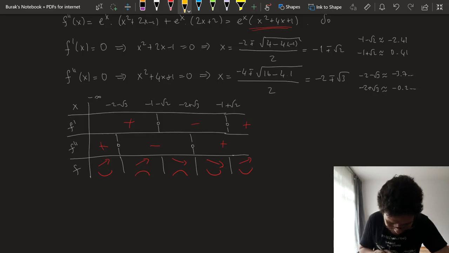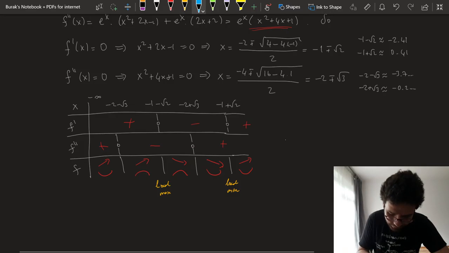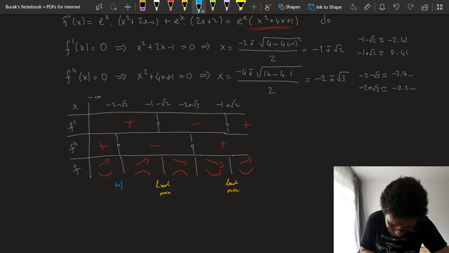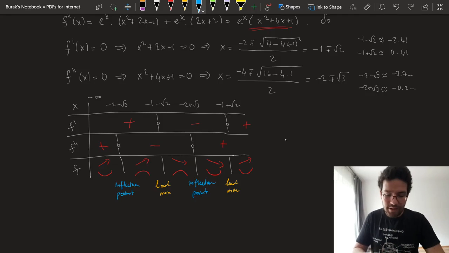So I have a local maximum at minus 1 minus root 2 by the first derivative test, and I have a local minimum at minus 1 plus root 2 by the first derivative test, and I have inflection points. So this is an inflection point at minus 2 minus root 3, and I have another inflection point at minus 2 plus root 3. Okay, so this is my table.